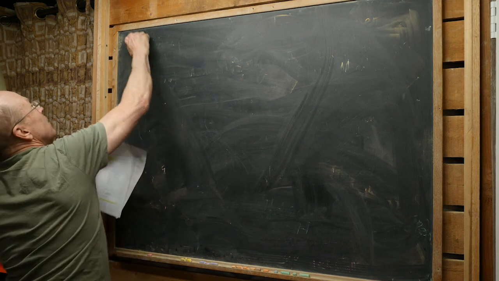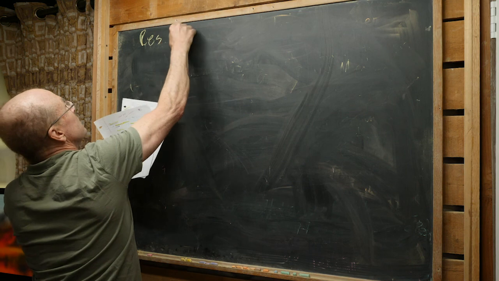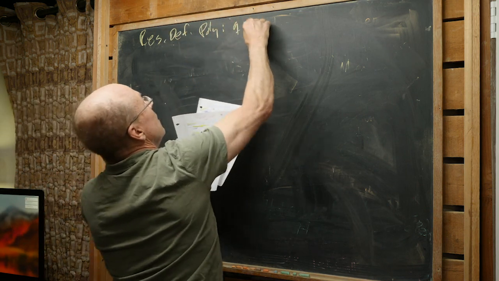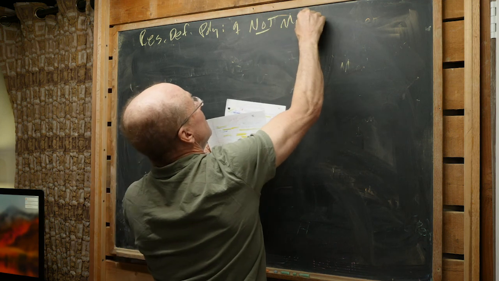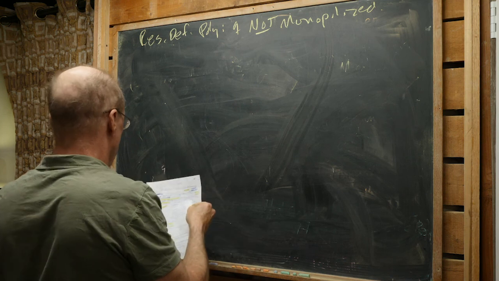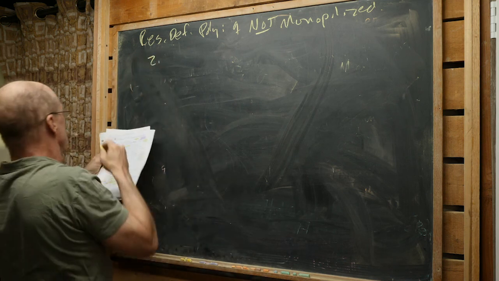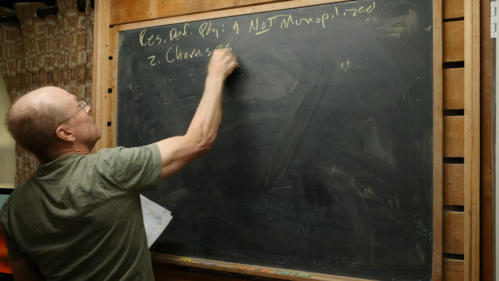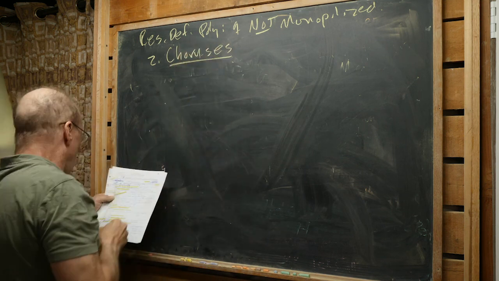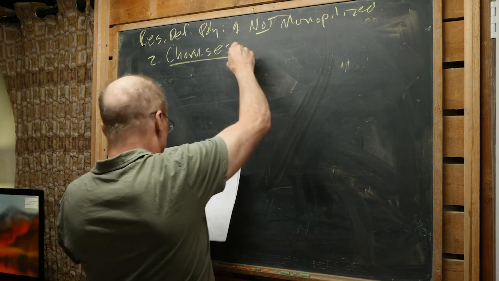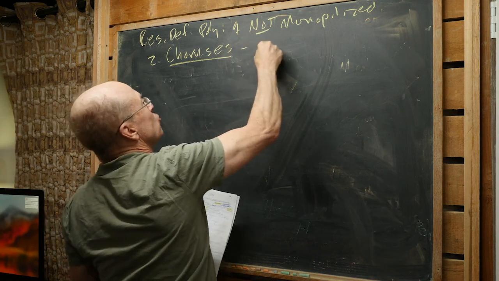So continuing, resource polygyny, not monopolized. Continue with number 2. Number 2 is choruses. Choruses are really cool. Choruses exhibit something that we call scramble competition.